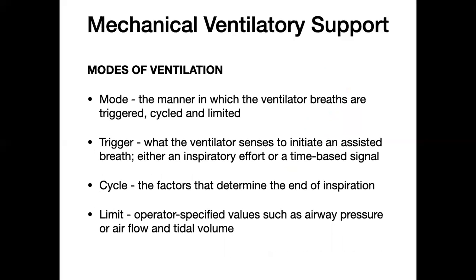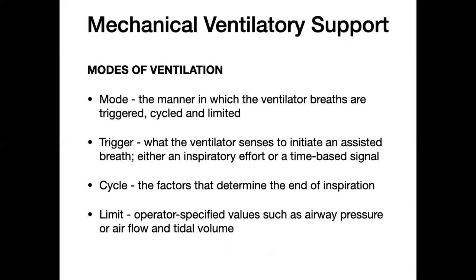So the different modes of ventilation: the mode is the manner in which the ventilator breaths are triggered, cycled, and limited. The trigger is what the ventilator senses to initiate an assisted breath, either an inspiratory effort of the patient or a time-based signal dictated by the machine as programmed by the operator.